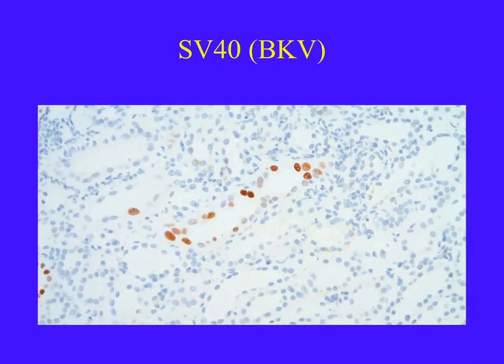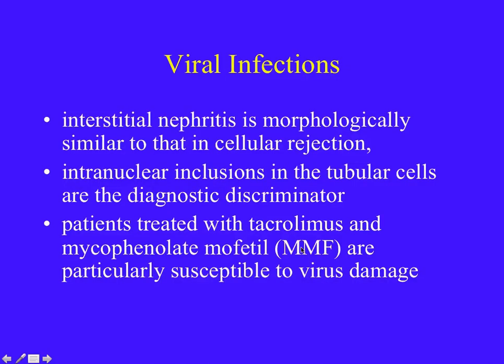Immunoperoxidase studies were performed for the SV40 antibody, and these revealed strong, widespread nuclear staining along the affected tubular epithelial cells. You need to bear in mind that the interstitial nephritis, which sometimes accompanies the viral infections, is morphologically similar to that seen in cellular rejection, complicating even more the differential diagnosis for the pathologist.